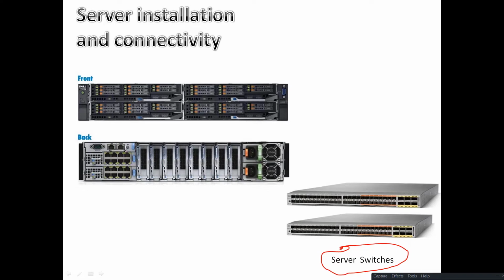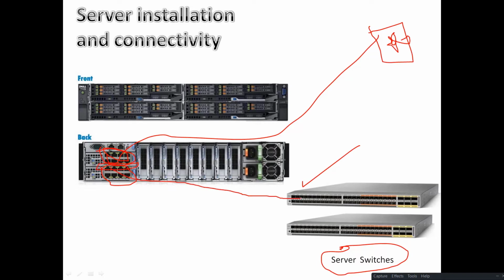Same as before, we saw that our chassis switch connects from the back end to our storage switch. Similarly, we will use switch B for our server switches. So the first three ports we will connect to this one, similar to what we did with the storage switch, and these three ports will connect to another one.